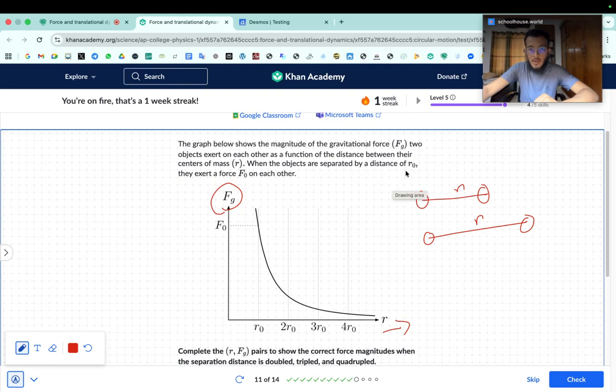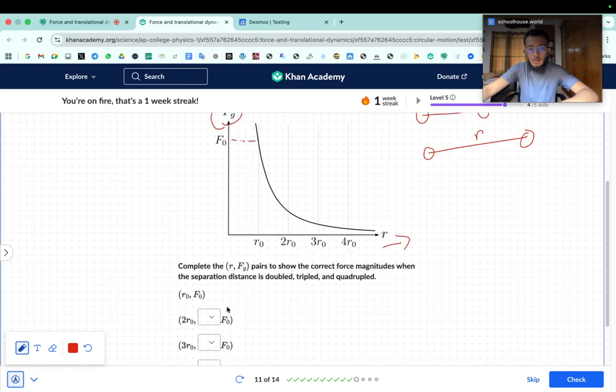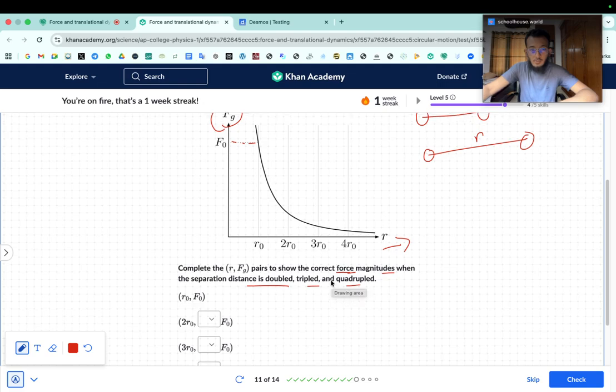When they're separated by r naught, they exert a force F naught, as shown here. Complete the r and Fg pairs to show the correct force magnitude when the separation is double, triple, and quadruple. So, what happens when you double that?